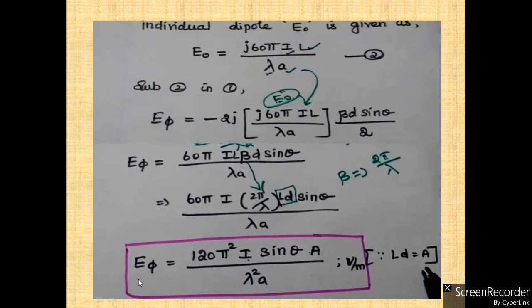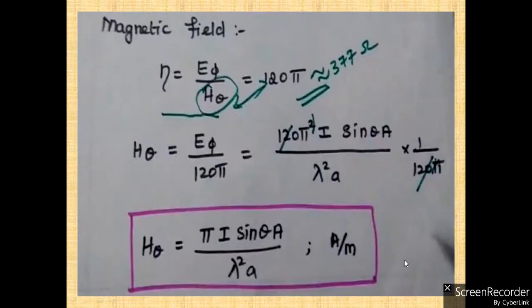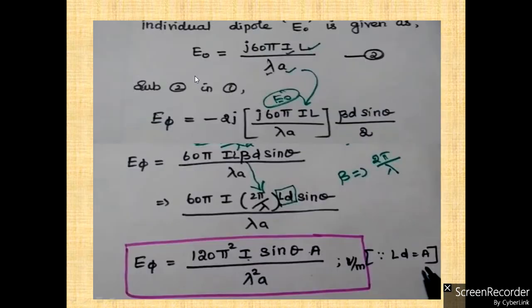If we simplify that, we get E phi equal to 120 pi square into I sin theta into A by lambda square r, where A is the area of the loop. This is the equation which we have to remember for the electrical field component due to the circular loop.